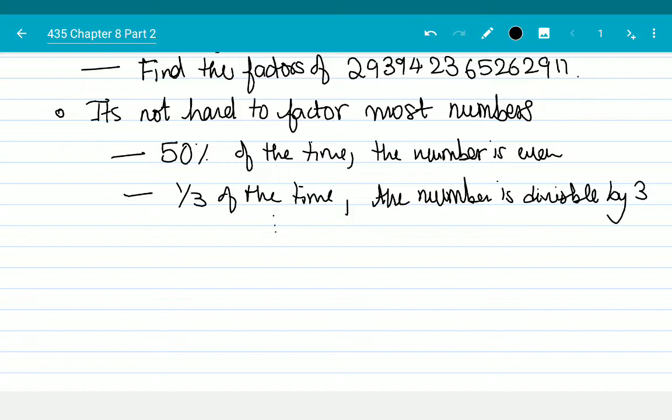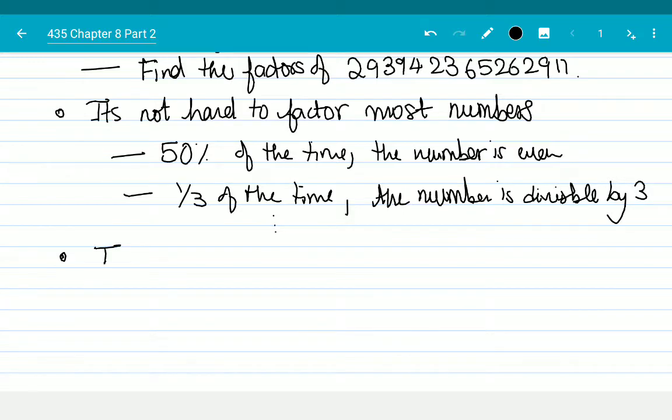Great, I'm not asking you to prime factorize the numbers. That could be harder, right? It could take some time. But again, the hardness of prime factorization comes down to this.